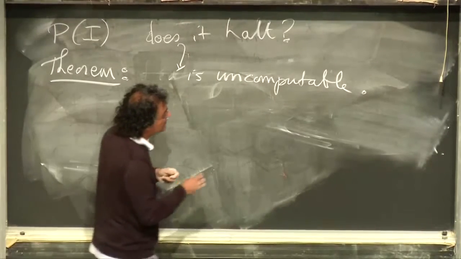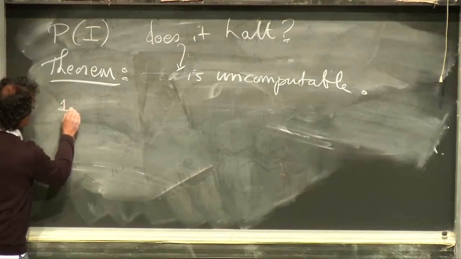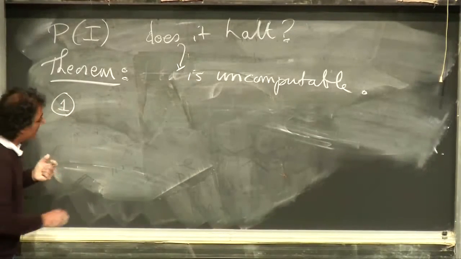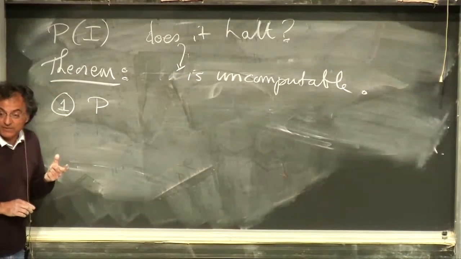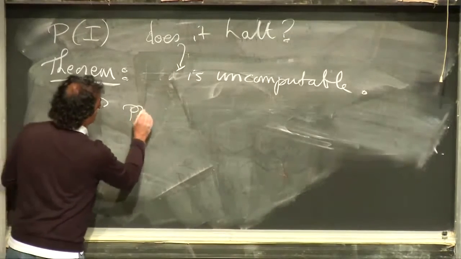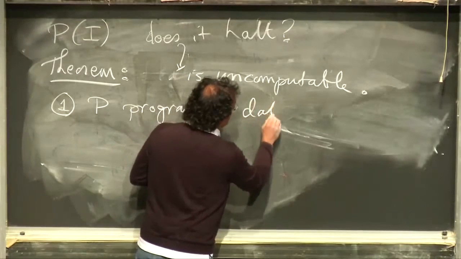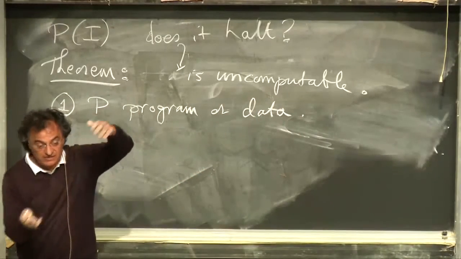The one concept that comes into all this is the notion that when you write a program P, it's a program, but also it's data. Whether you think of it as a program or as data just depends upon your viewpoint, because a program eventually is a string.